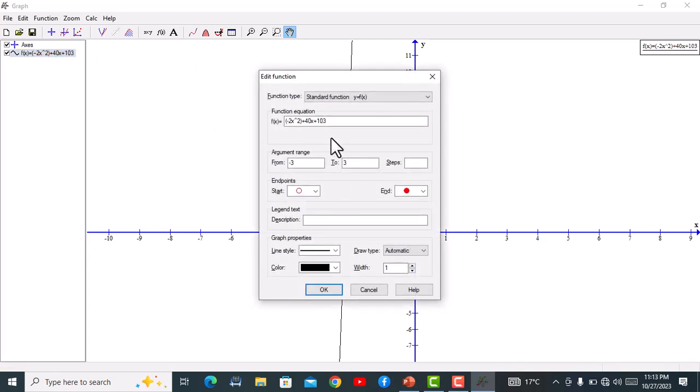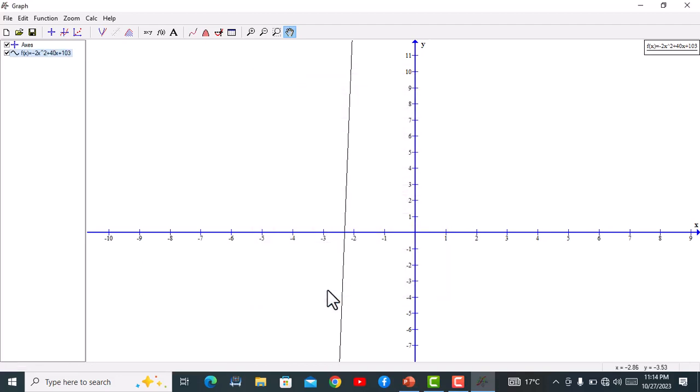Okay, I'm still having some problems here. So why is it doing this? -2x squared. Okay, let's draw. We are still having some problems here.